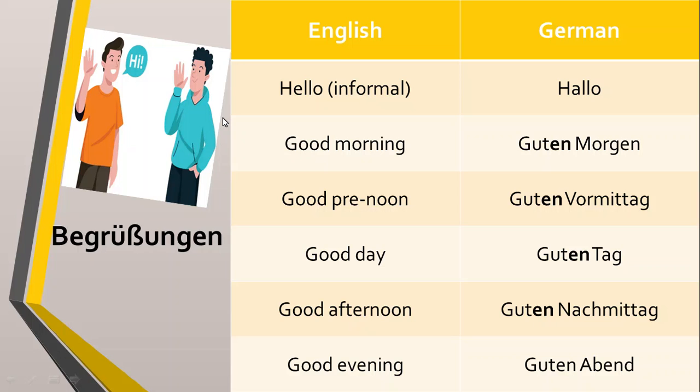However, if we are greeting complete strangers, anyone elderly, somebody we have met just once or twice, and even office colleagues of higher status, then in German we will use the word guten, and to it we will add the time of the day.